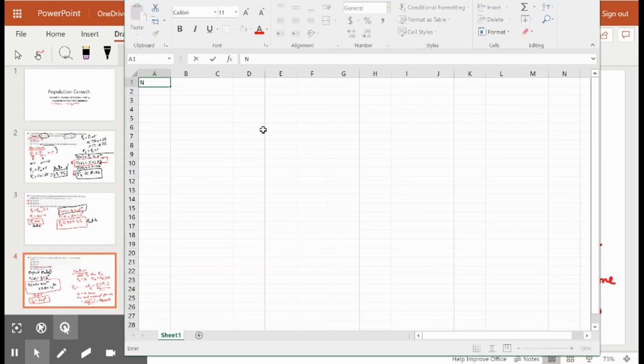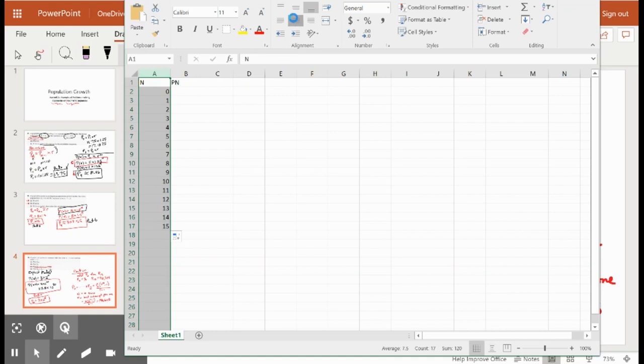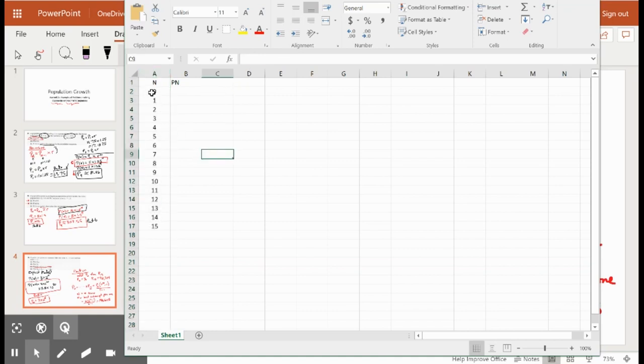I'm going to call this first column my n and the second column my pn. And my n is going to go from 0 to 15. I'm just going to center that. So we see that we have n from 0 to n equals 15.